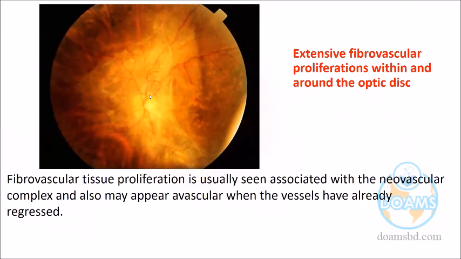Extensive fibroproliferative retina. It is called FPDR. These are actually common in low-set countries like ourselves. In neglected patients, very long time diabetic, they may have this type of fibroproliferative retina.